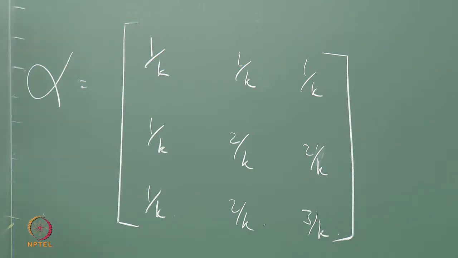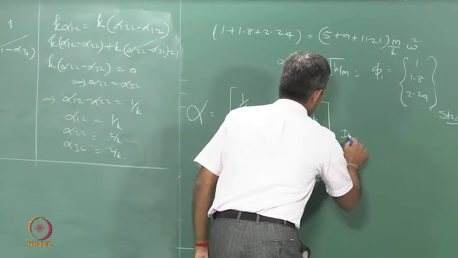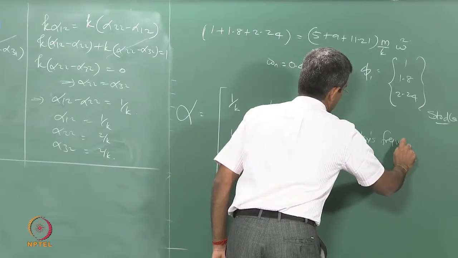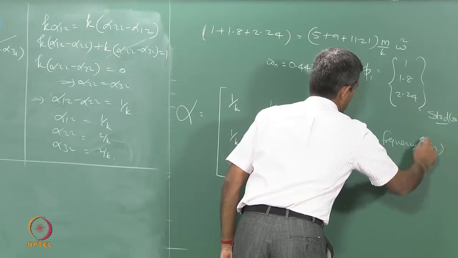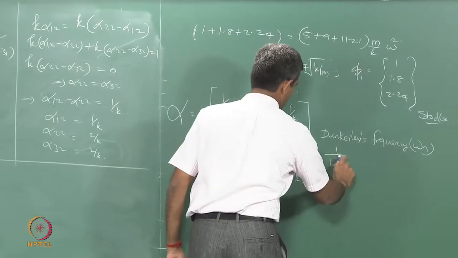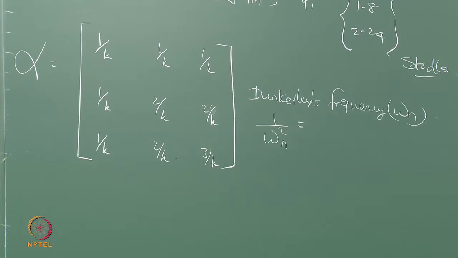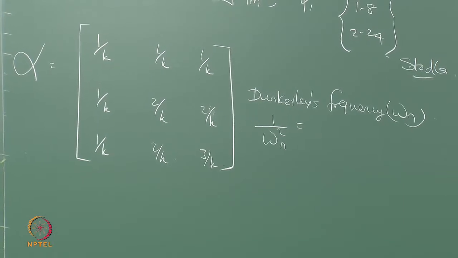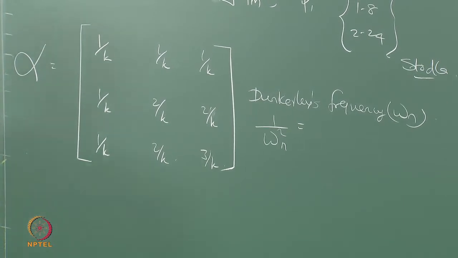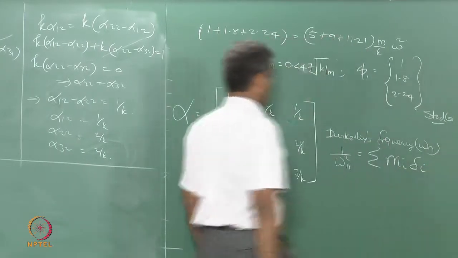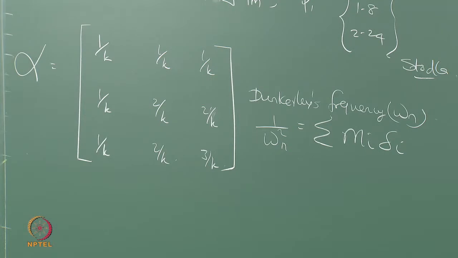So, Dunkerley says, here the mass points m1, m2, m3 equal to m, and delta is nothing but 1 by k.